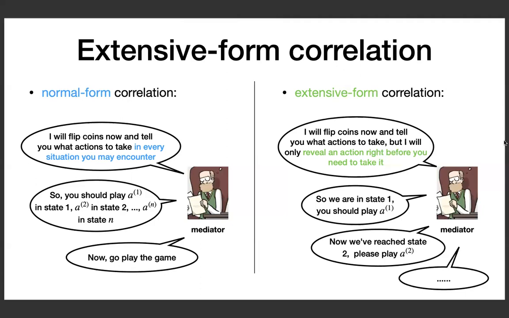When the players reach state 1, the mediator says, we are in state 1, now you should play action A1. Then the player takes the action, the game evolves, and now we are in state 2. The mediator says, we are in state 2 now, so you should play action A2, and so on and so forth. So it's a gradual process of giving the players more and more information about the equilibrium strategies.